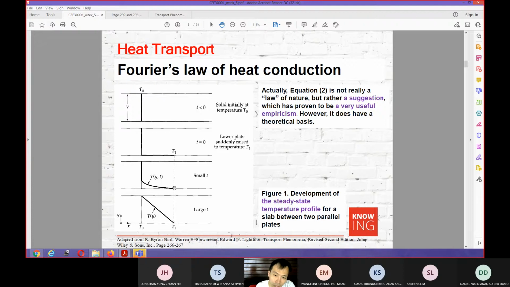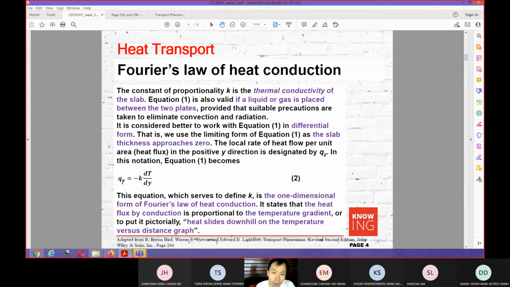So this subscript correlates with the distance here. You have to have a temperature difference in order to have heat conduction in that particular direction.